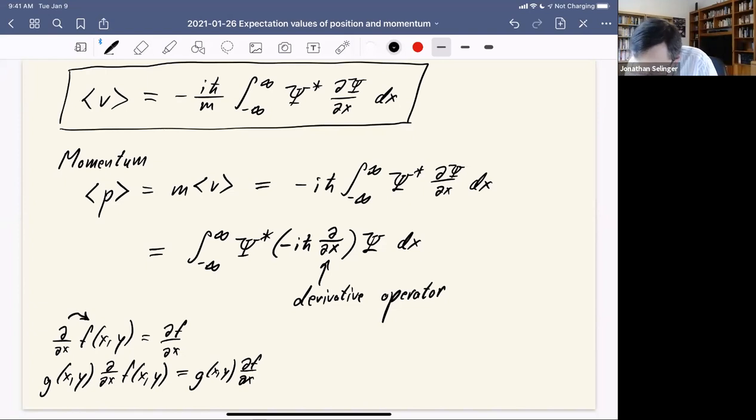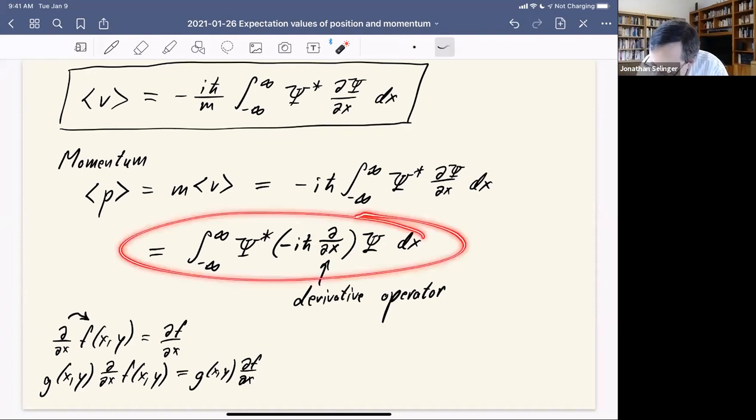Here we have our derivative operator operating on the thing to the right, which is just the psi. So the operator operates on the psi and produces d psi dx. So this thing means the same as this.